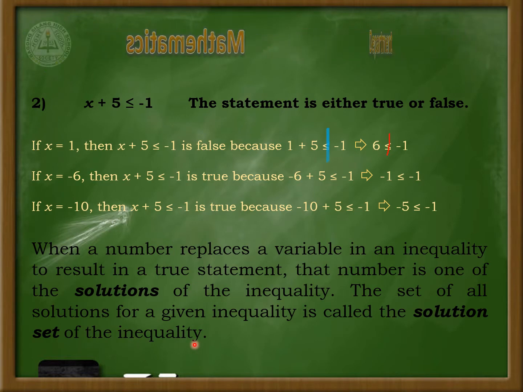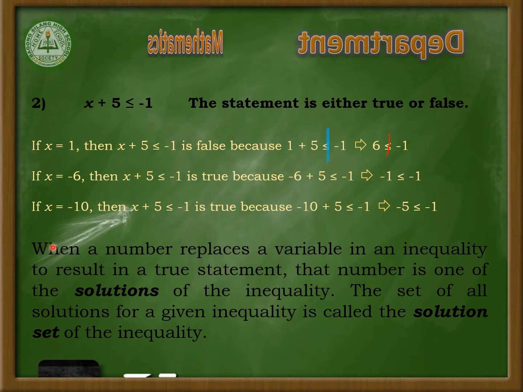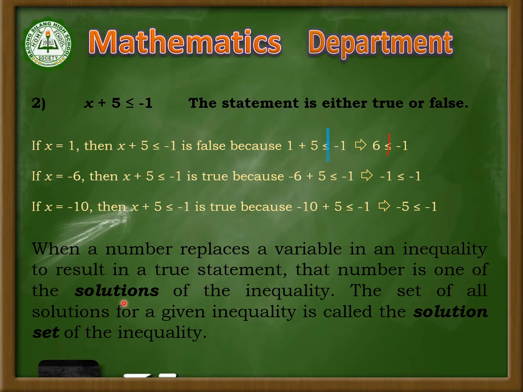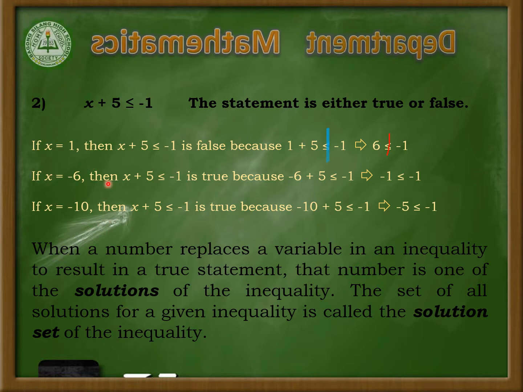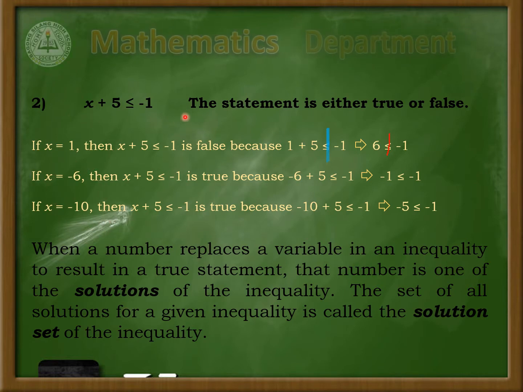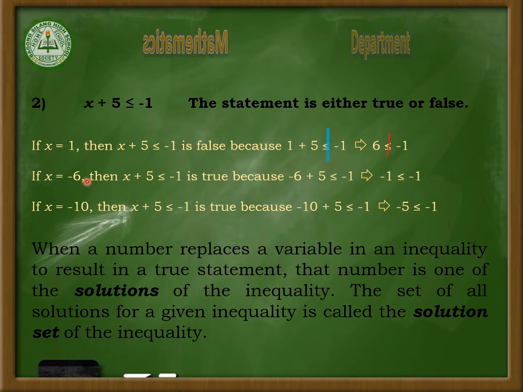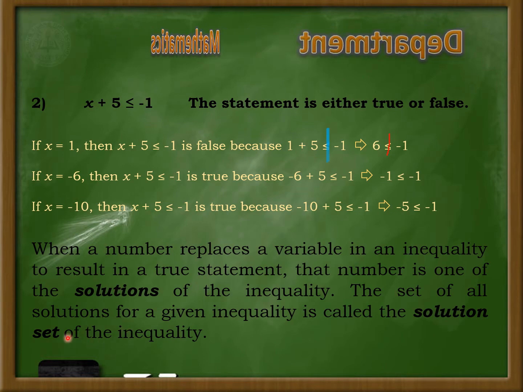It's a set of solutions, meaning it's more than one when it comes to inequality. Negative 6 and negative 10 make that inequality true. Therefore, negative 6 and negative 10 are part of the solution set.